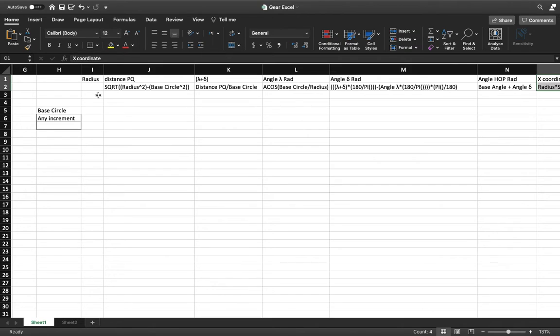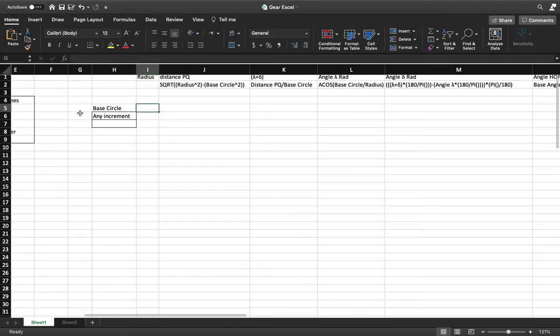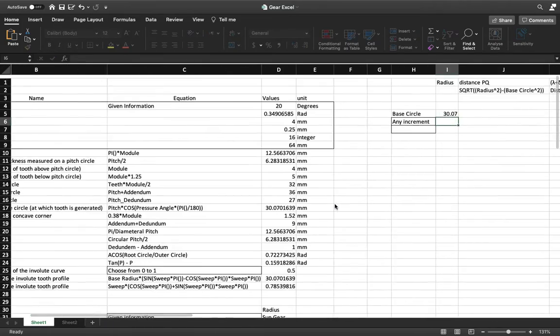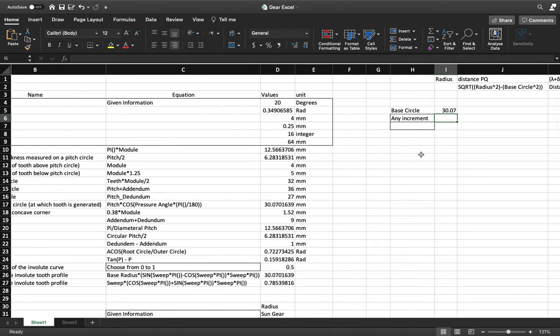So where do we begin? The base circle, as we know, starts from base radius 30.07, and now I'm going to make an increment. How low the difference is determines how accurate or how high quality the line is, but it does not affect too much.